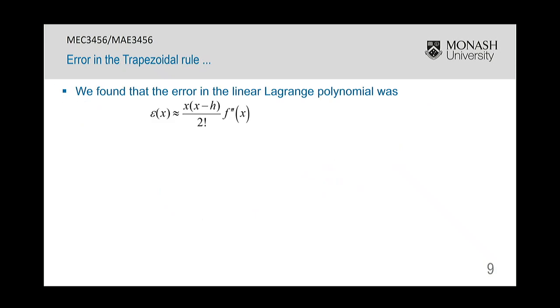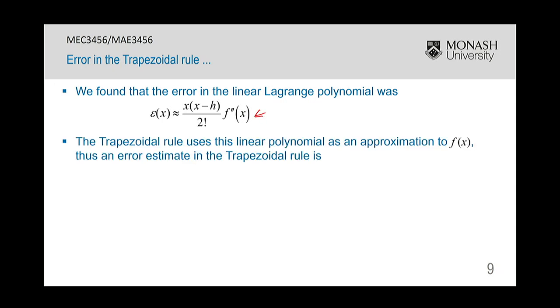Okay, so going back to the trapezoidal rule, we found that the error in the linear Lagrange polynomial, which is what we use in the trapezoidal rule, was given by this expression here. The trapezoidal rule uses this linear polynomial, the linear Lagrange polynomial, as an approximation to our function.